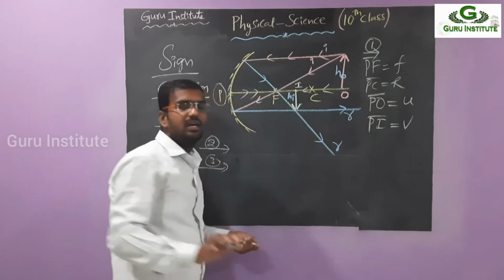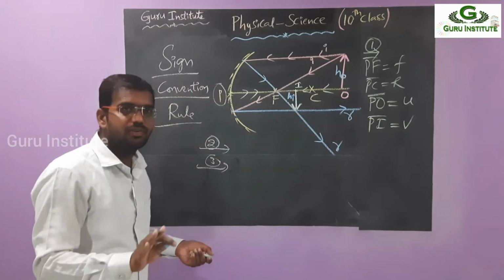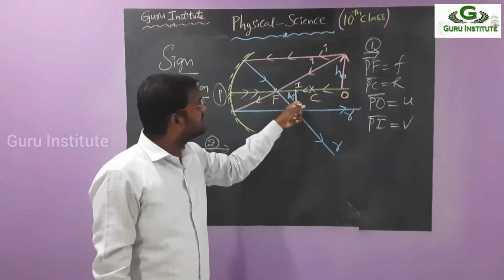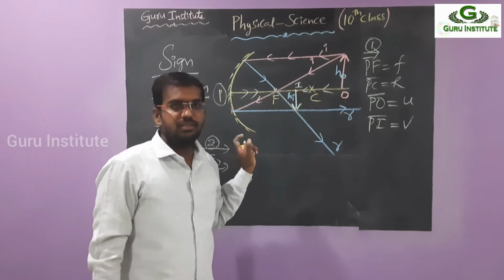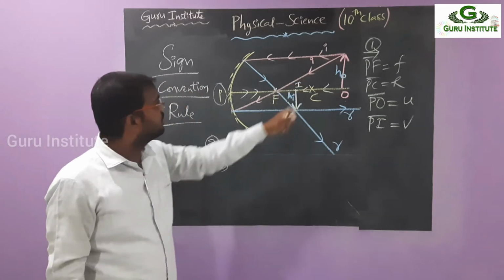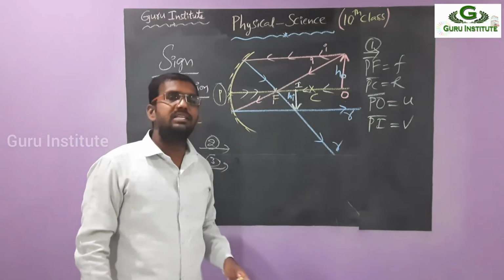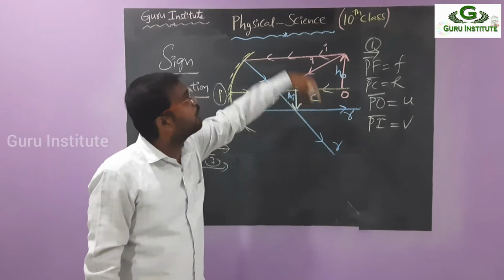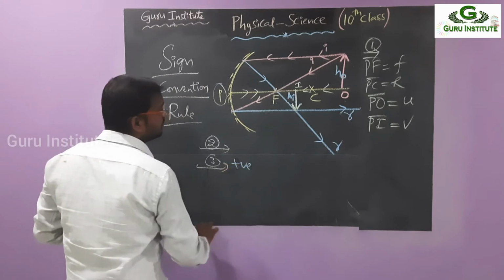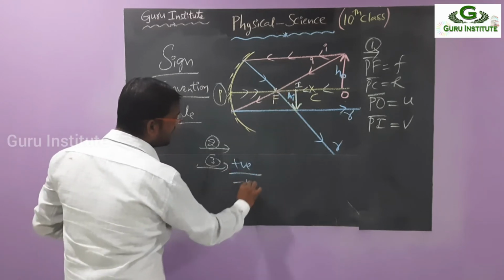Simple logic: in the spelling of height, the first letter is H. Object H naught, image HI. That's it. With respect to the principal axis, measurements above the principal axis are positive, and below the principal axis they are negative.